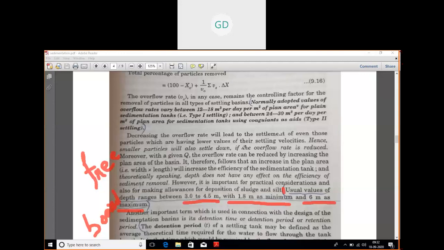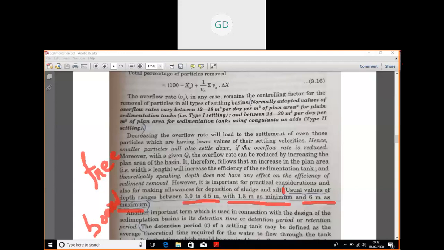If the slab and the water keep touching, the water will obviously also get dirty, isn't it? So there is a spacing between the surface of the water and the slab below.